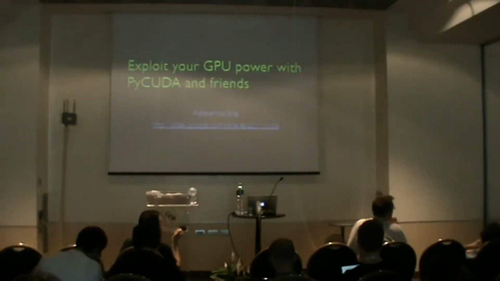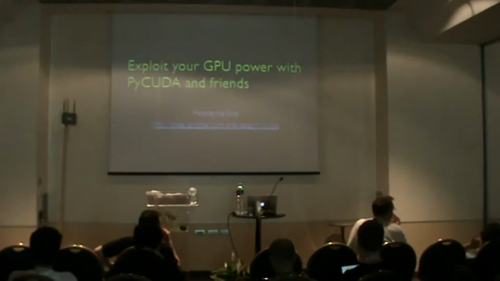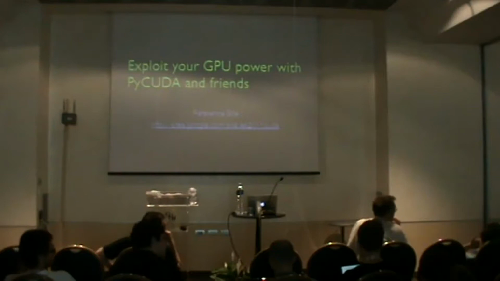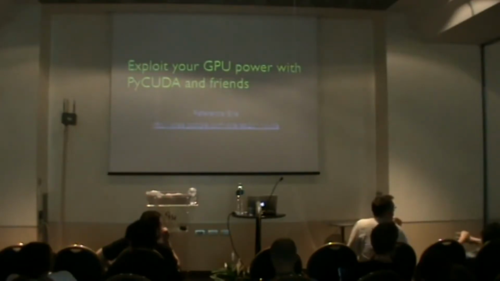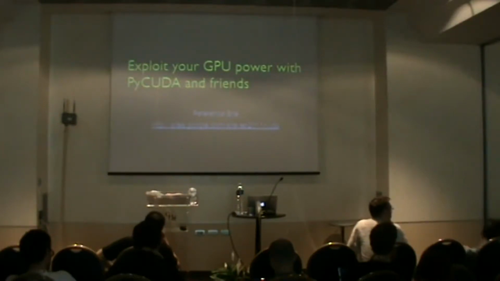So PyCUDA has some functions that, you remember the SourceModule class? Well, it has some classes like this where you can specify just the kernel code without any reference to the thread index that you have to fetch in the SourceModule class, and it automatically chooses the configuration of your kernel.